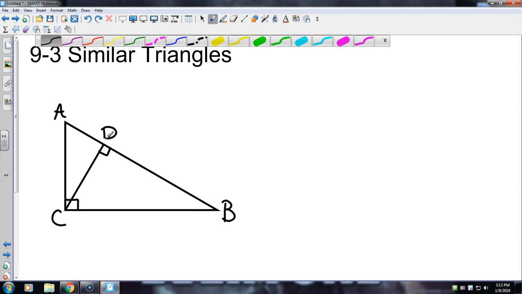Obviously, angle D and angle C are congruent. They both share angle A.